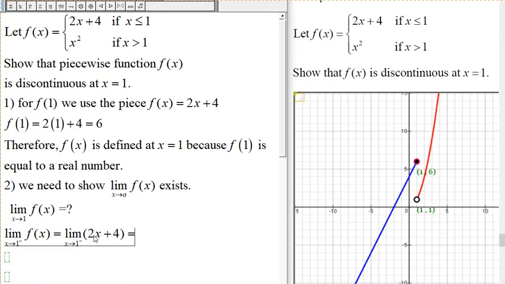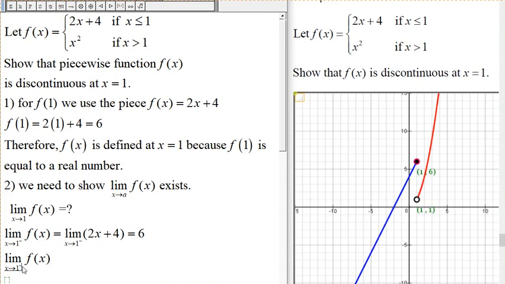As x approaches 1, we get 2 times 1 plus 4. As x approaches 1, 2x plus 4 approaches 6. And so that's the limit from the left of 1.